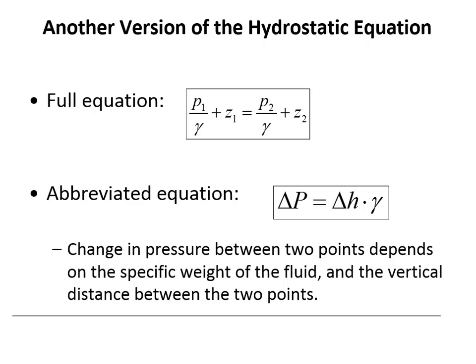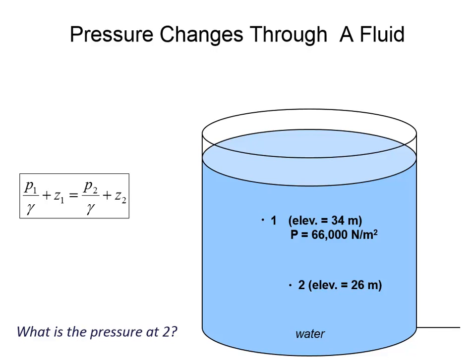And so before we do this other one, how would we apply this abbreviated hydrostatic equation to the same problem? So what was the change in pressure between those 2 points in the reservoir? All right, we've got 8 meters of elevation, so delta H is 8 meters.